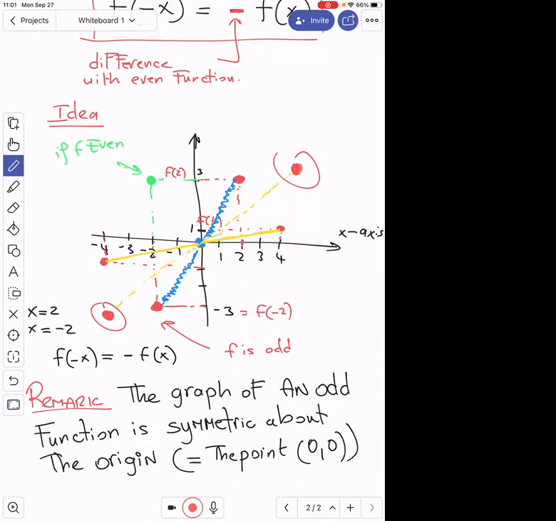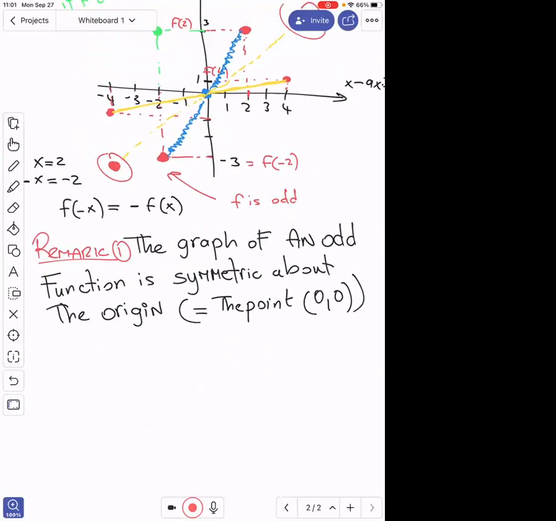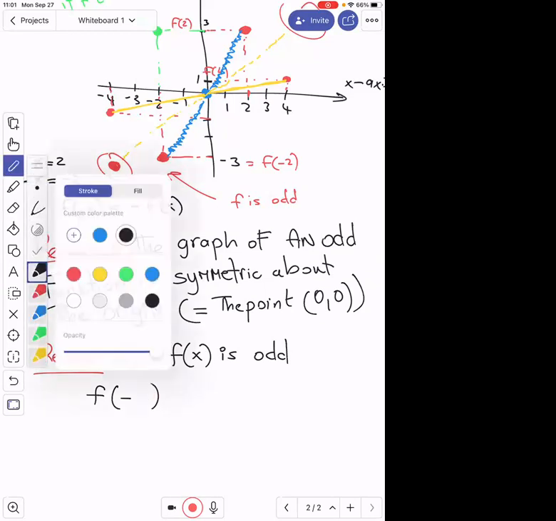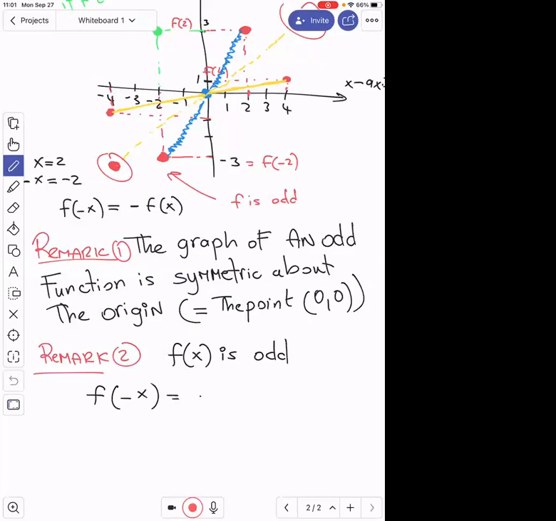Another remark, guys, is about odd functions and f of 0. Remark number 2: f of x is odd. As I said, by definition, f of -x is supposed to be equal to -f of x.